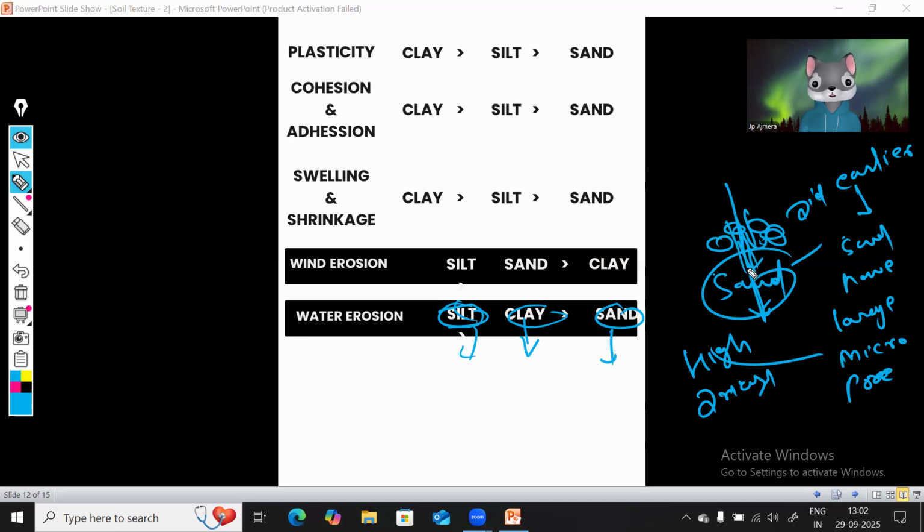They conduct water through sand particles very easily, so there is a possibility of water loss. That's the reason why sand is less affected.